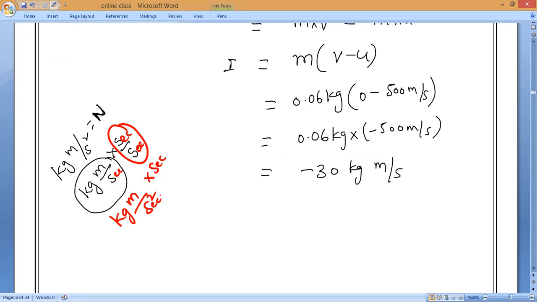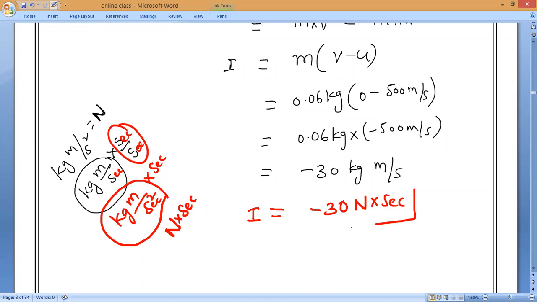Now kilogram meter per second square, how can I write? Newton, and into second. So I can say impulse is equal to minus 30 Newton into second. Is it right or wrong?